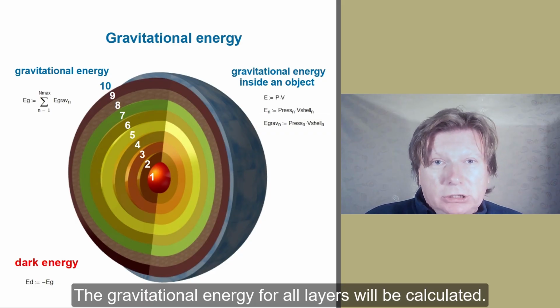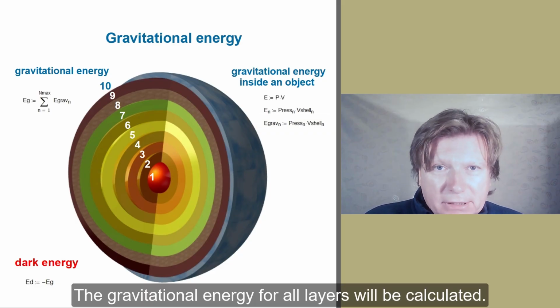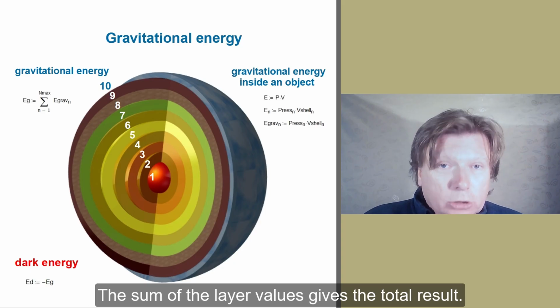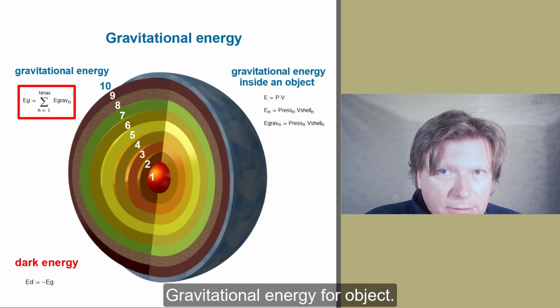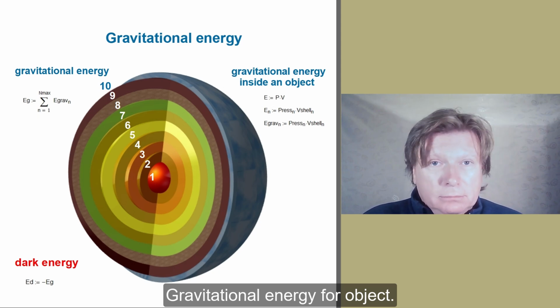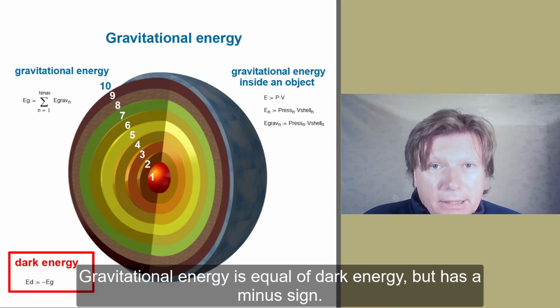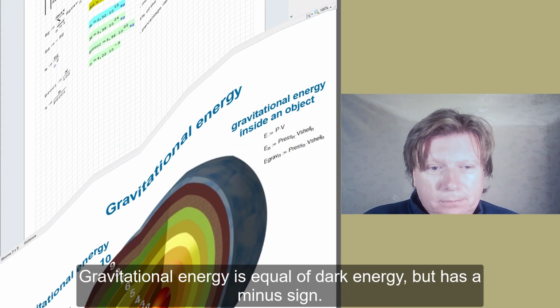The gravitational energy for all layers will be calculated. The sum of the layer values gives the total result: the gravitational energy for the object. Dark energy is equal to gravitational energy, but has a minus sign.